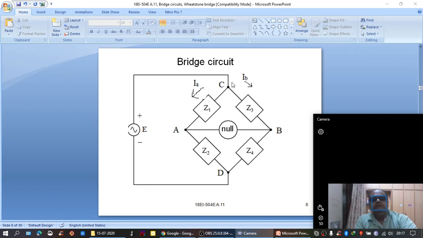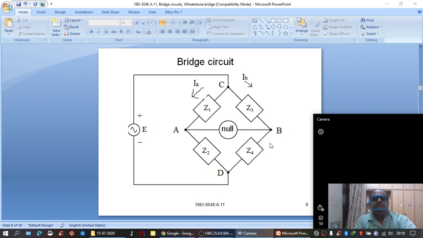On the second side, a current IB is flowing through Z3. The same IB flows through Z4 also. Now, what is the voltage at terminal B? Voltage at terminal B is nothing but the drop across impedance Z4. So, VB is equal to IB into Z4. So, what is the value of IA?